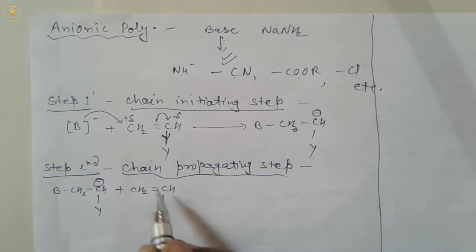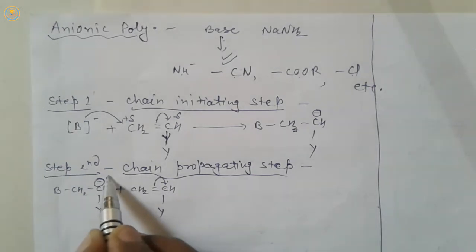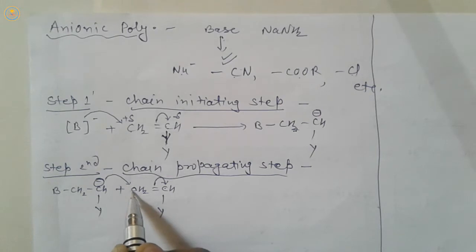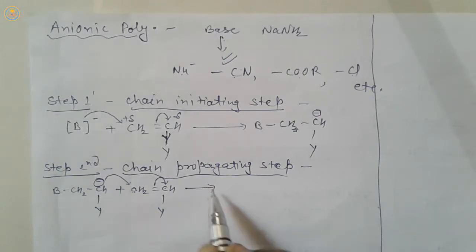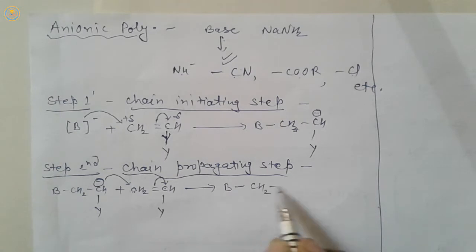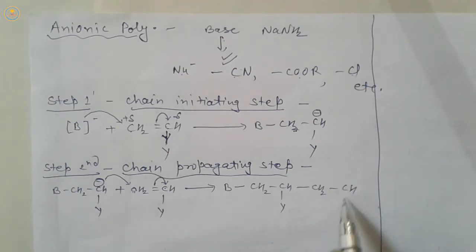Similarly, the pi bond's electrons move towards that carbon. So the carbanion attacks that carbon, then a new and bigger carbanion is formed in this step. This reaction goes on continuously.